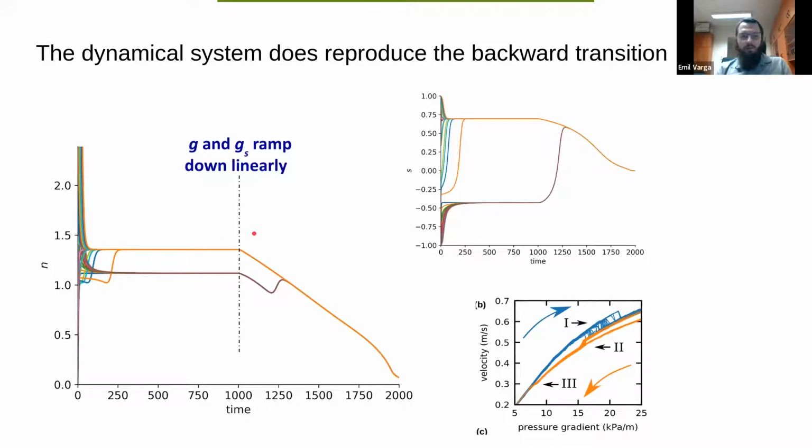But an interesting thing happens as we start to ramp the generation term G and the polarization generation term linearly down in time, which kind of models the velocity ramp down experiment.